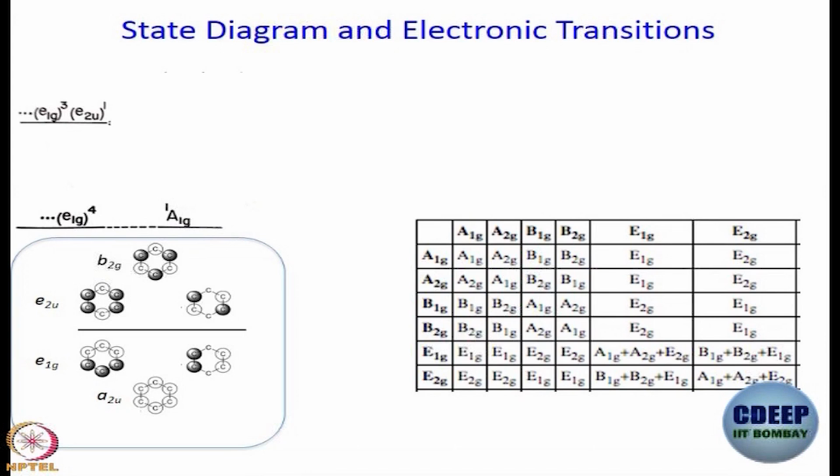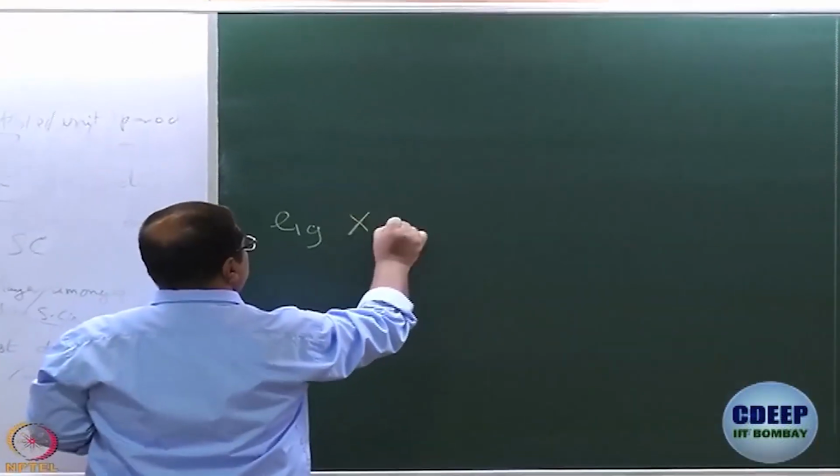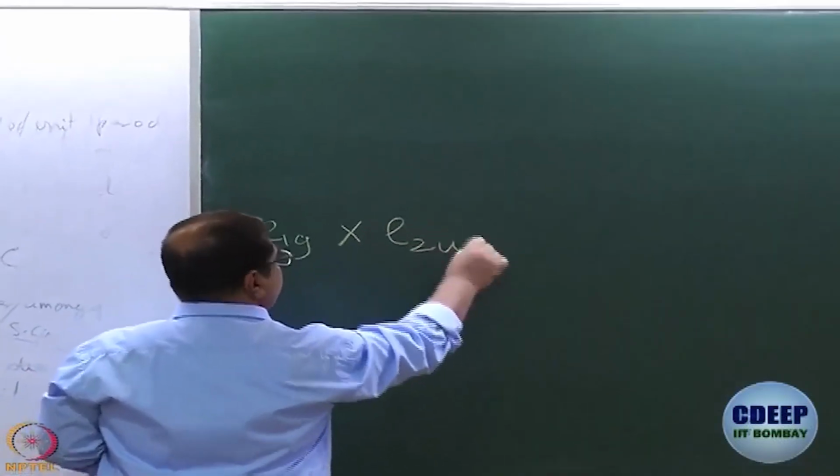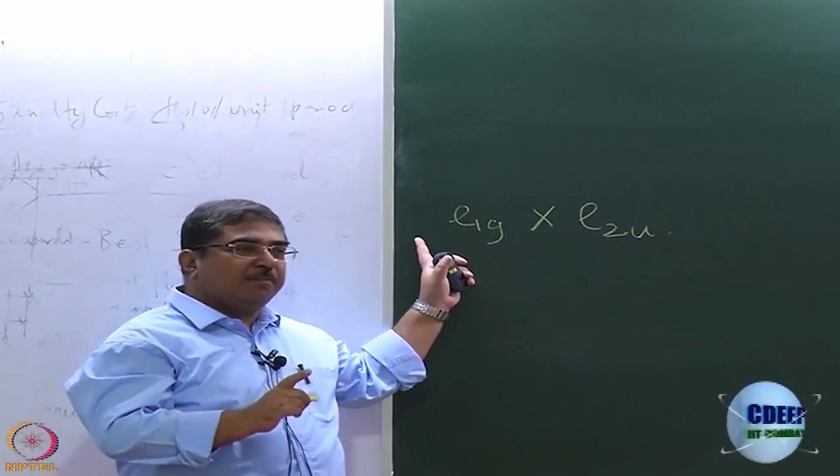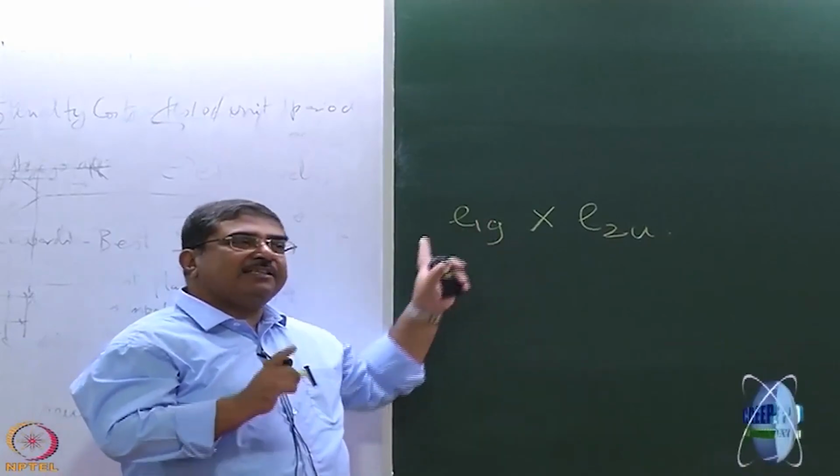What are the MOs that are singly occupied? 1 E1G and 1 E2U. So, to determine the symmetry of the state, I have to do E1G cross E2U. Do we agree? Because 1 E1G orbital is singly occupied, 1 E2U orbital is singly occupied.